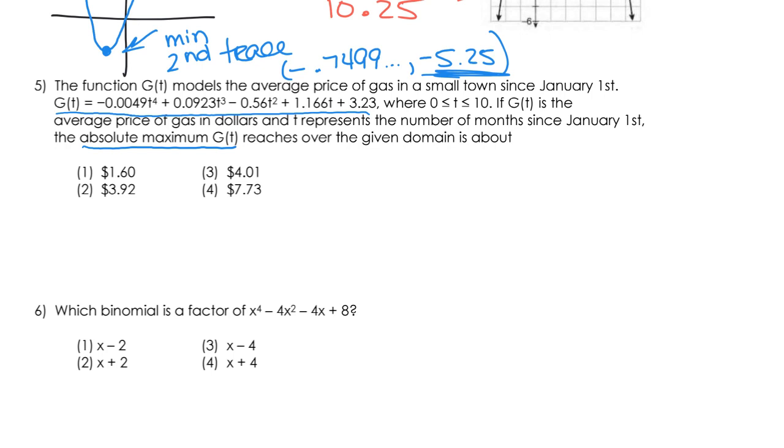It's going to start off with a negative 0.0049 x to the fourth plus 0.0923 x to the third minus 0.56 x squared plus 1.166x plus 3.23. And we're going to hit graph.